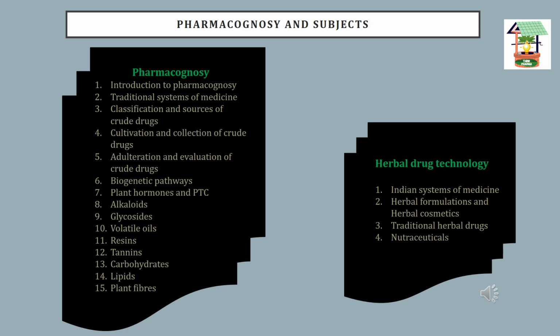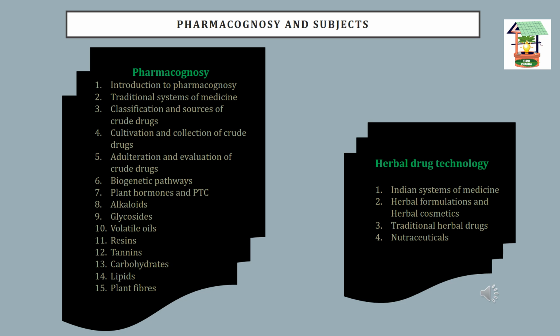In herbal drug technology, what you have to cover is Indian systems of medicine, herbal formulations and herbal cosmetics, traditional herbal drugs and nutraceuticals are the things you have to focus on mainly. And then from the pharmacognosy subject, introduction to pharmacognosy, traditional systems of medicine, we will see in detail in the next slides of this pharmacognosy subject.